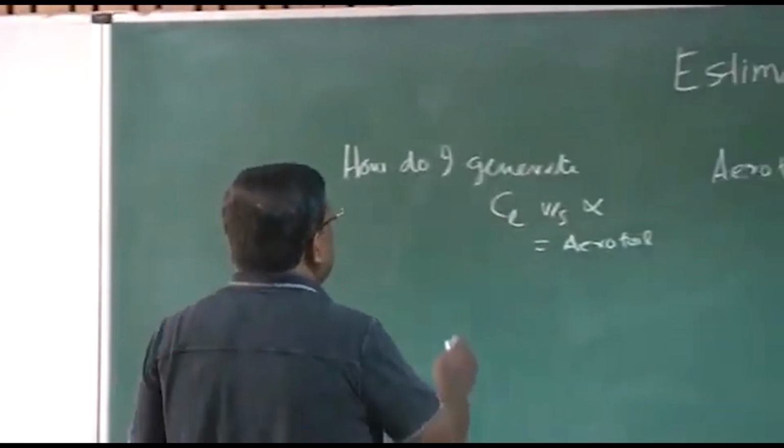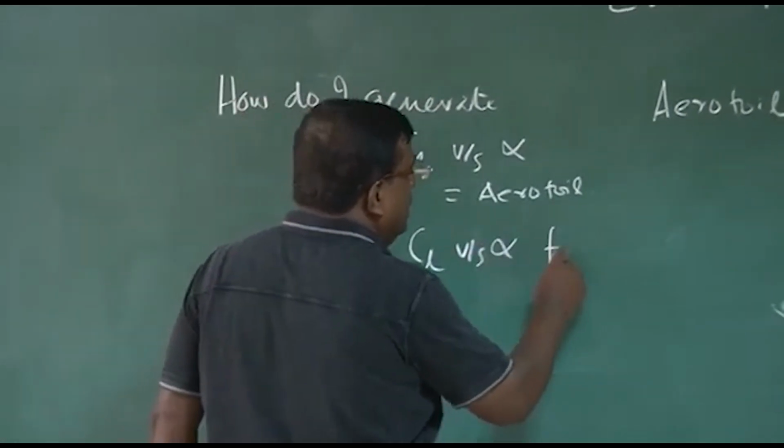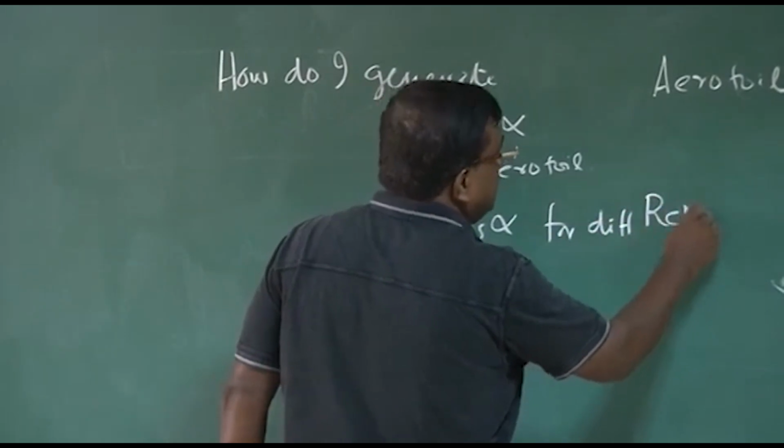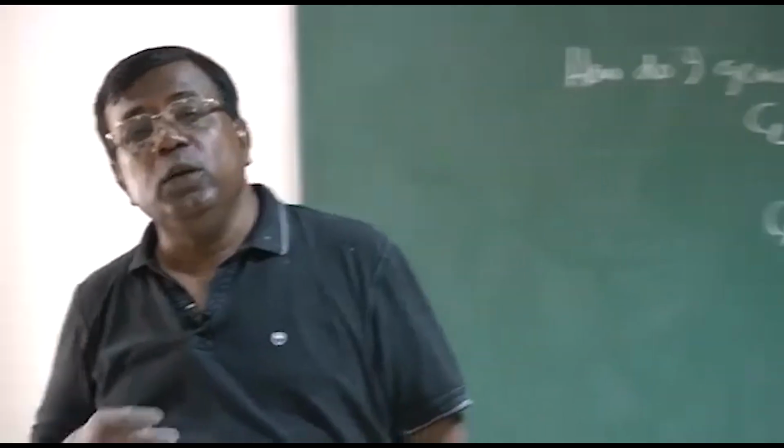No, it's not a correct question. The question is not complete. The question should be, how do I generate CL versus alpha for different Reynolds numbers? This is important because we know that CL depends on Reynolds number also, and very importantly, yes.